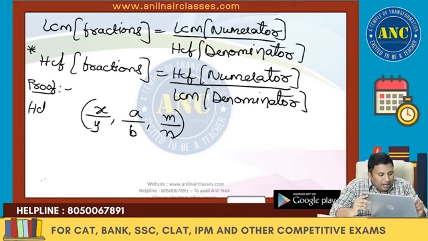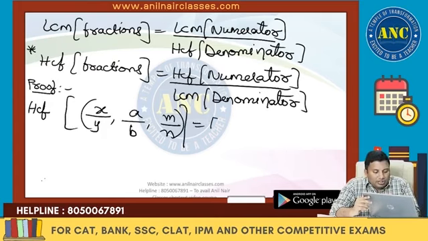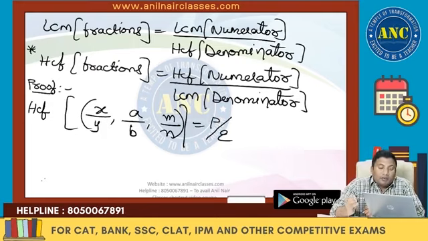I am finding the HCF of all these. Let the HCF of all these be p by q. Why is HCF of fractions the HCF of numerator by LCM of denominator?